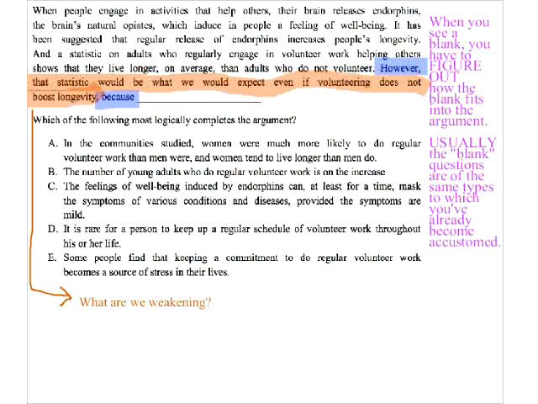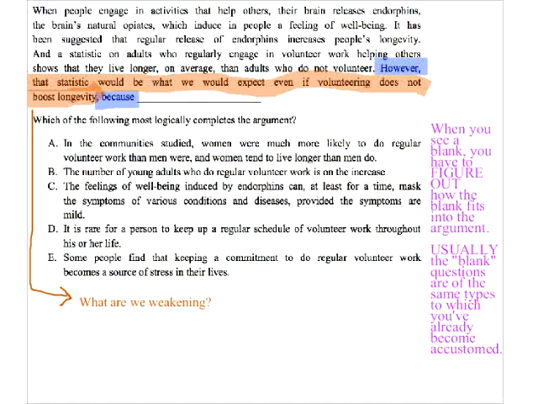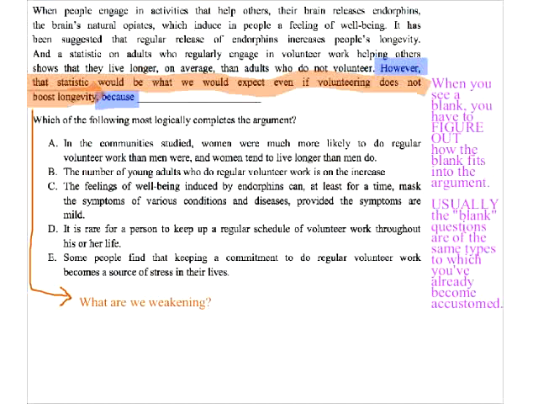So let's do this. Facts. I'm gonna put facts in green here. Remember, you can't weaken things that are facts. You have to weaken things that are claims. The claim might be implied, or the claim might be explicitly in the argument, but you can't weaken facts, guys. Remember this. So facts I'm gonna put in green.